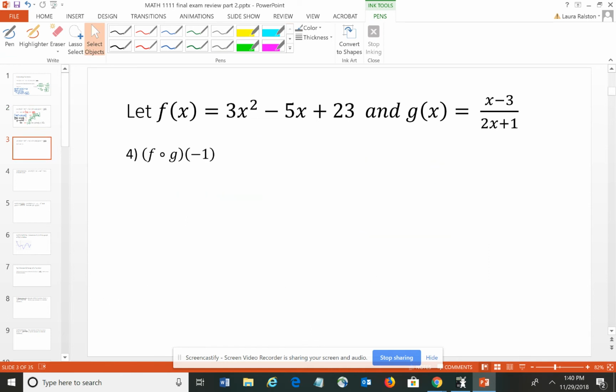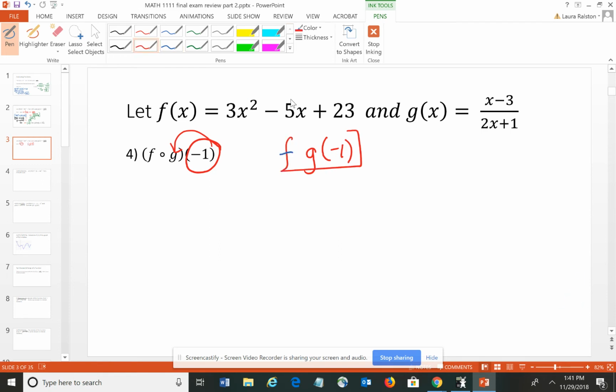Question 4, again using the same two functions f and g, asks us to do the composition of f composed with g at negative 1. Now remember, this is one where you have the sequencing of events, because you are going to substitute negative 1 into g, get the answer, and then substitute that answer into function f.